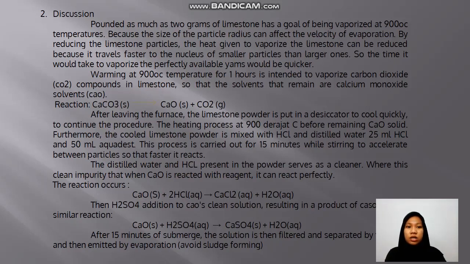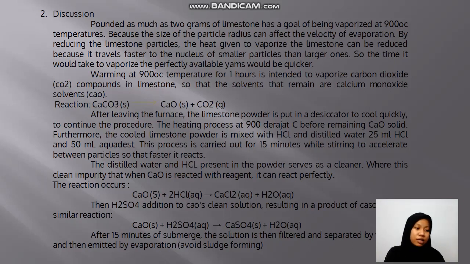By reducing the limestone particle size, the heat given to vaporize the limestone can be reduced because it travels faster to the nucleus of smaller particles than larger ones. So the time it will take to vaporize will be quicker.